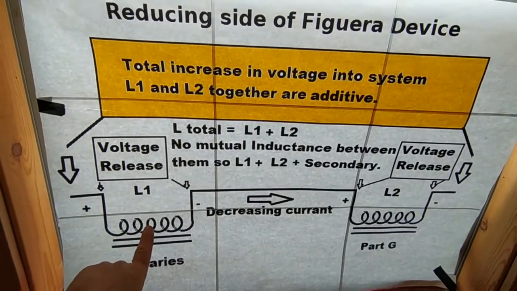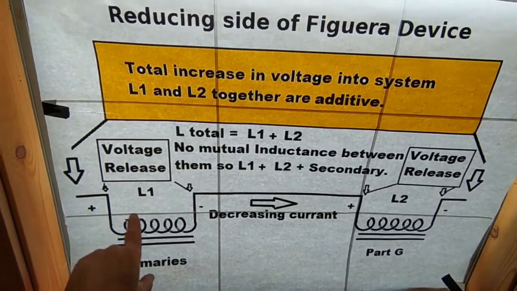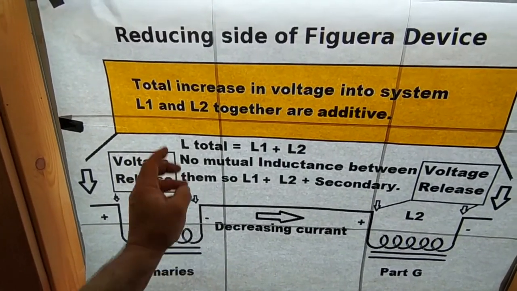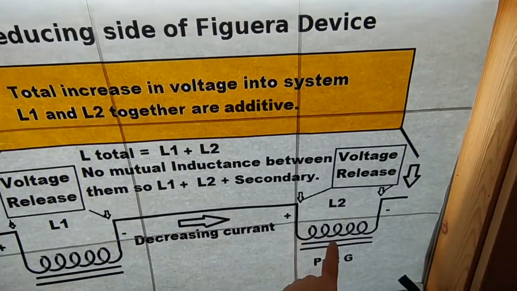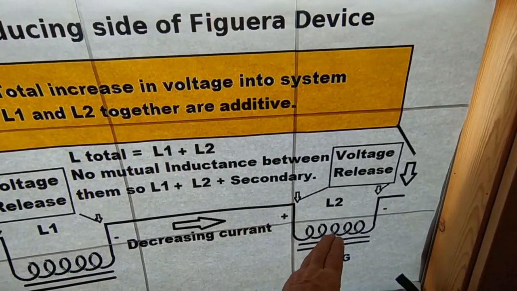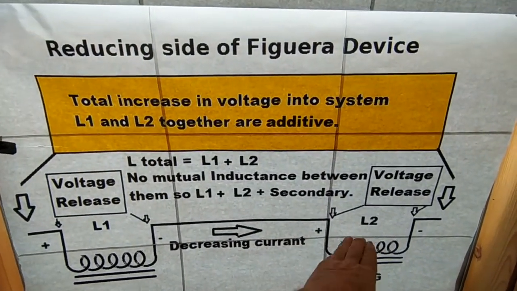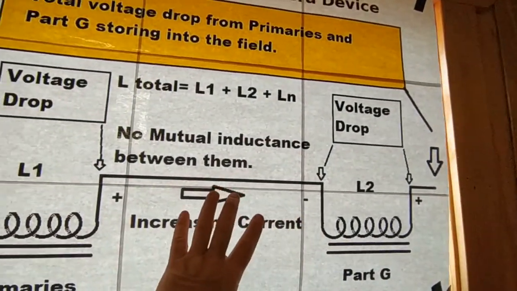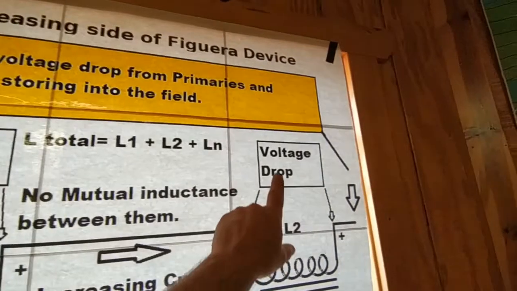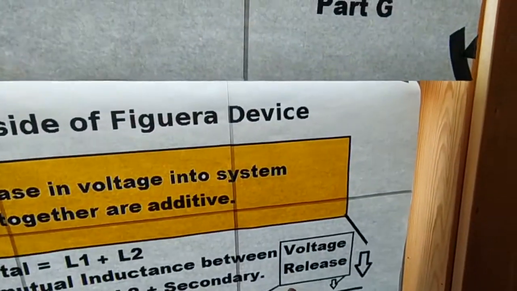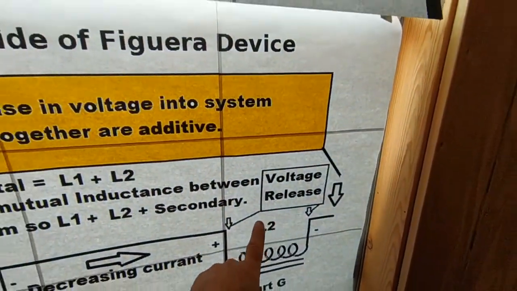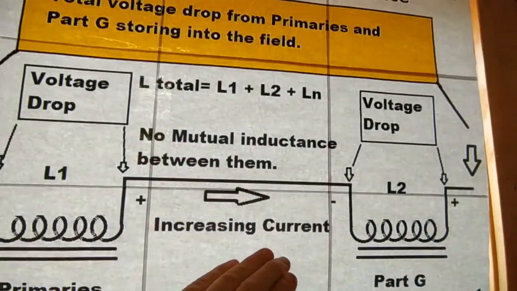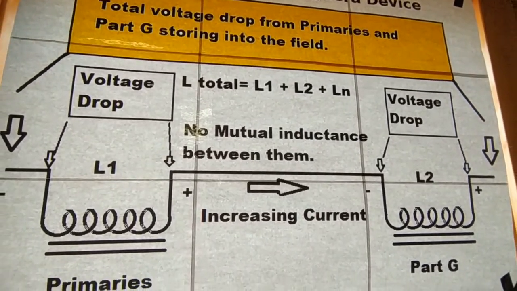So that means it's L1 plus L2, meaning half of the inductor is releasing potential into the system and half of part G, one of the sets, are releasing potential into the system. These two combined offset the rising side, storing into the magnetic field. Remember, there's going to be a voltage drop. There's a voltage release, voltage increase here, and a voltage decrease here. So this side offsets this side.